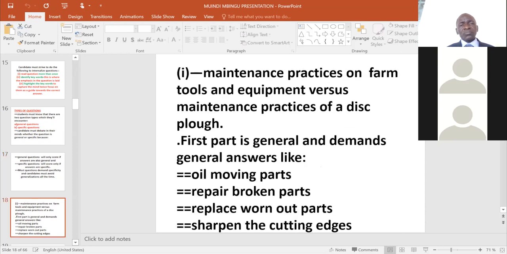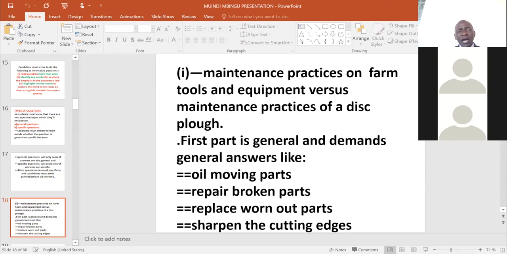Now, let's look at some possible areas where questions may be drawn to help us distinguish clearly between general and specific questions. On maintenance of farm tools and equipment, and maintenance practices on a disc plow.